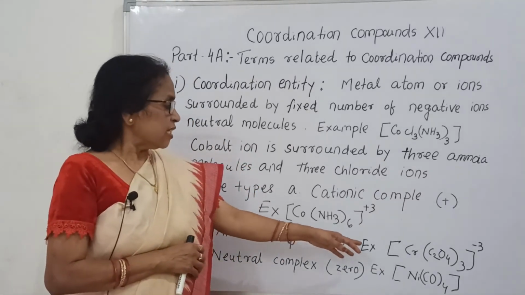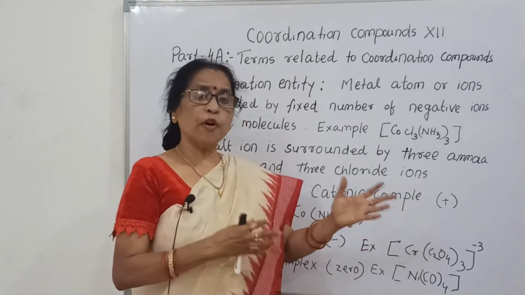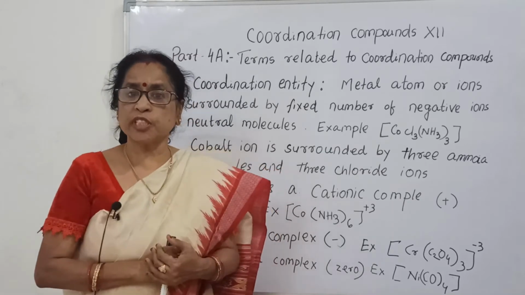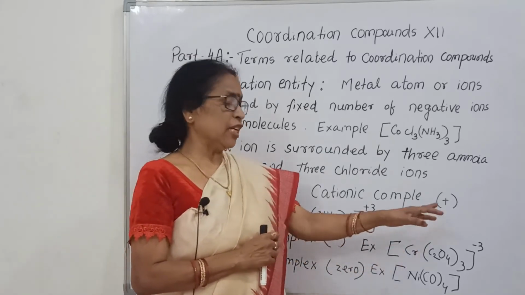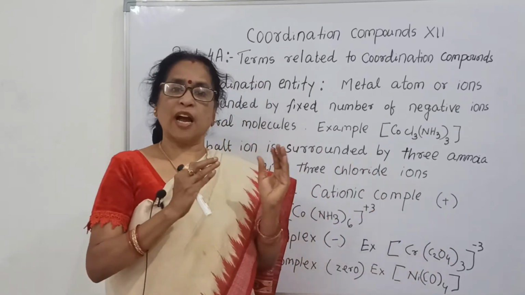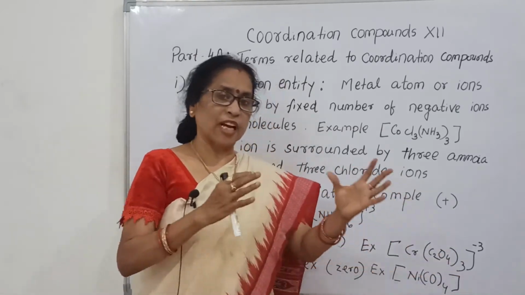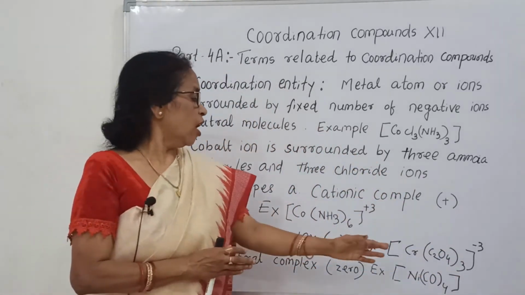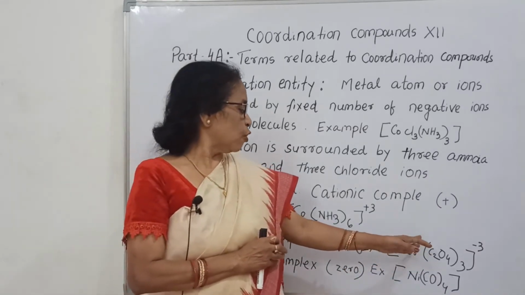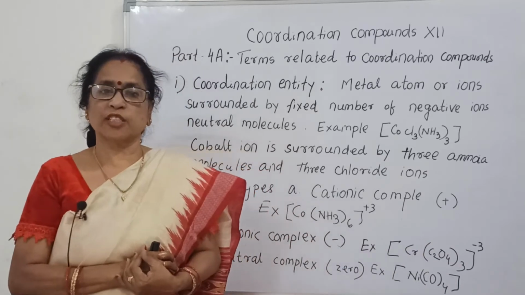Now see here, C2O4 means oxalate ion. Oxalate ion has a -2 charge, and here chromium is +3. Why? Because [Cr(C2O4)3] has 3 times C2O4, that is -6, and chromium is +3, so the whole charge is -3.